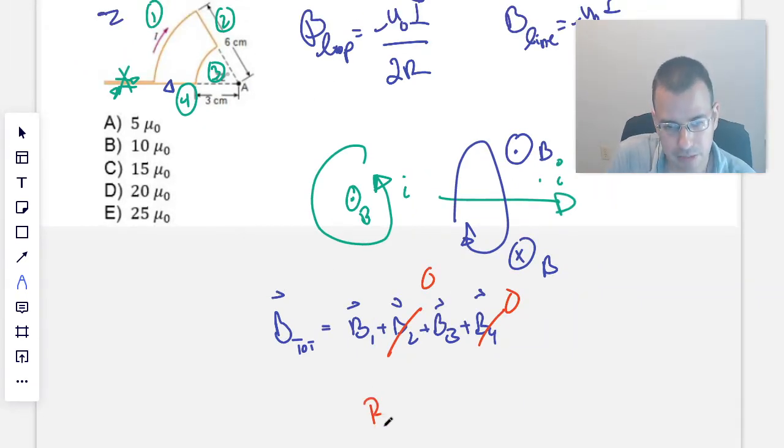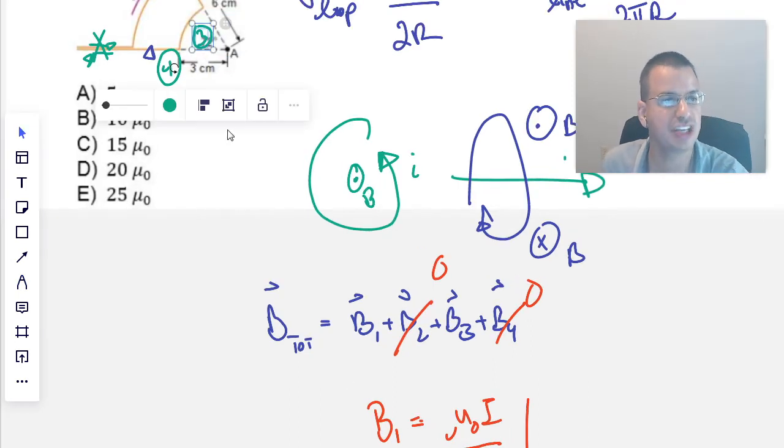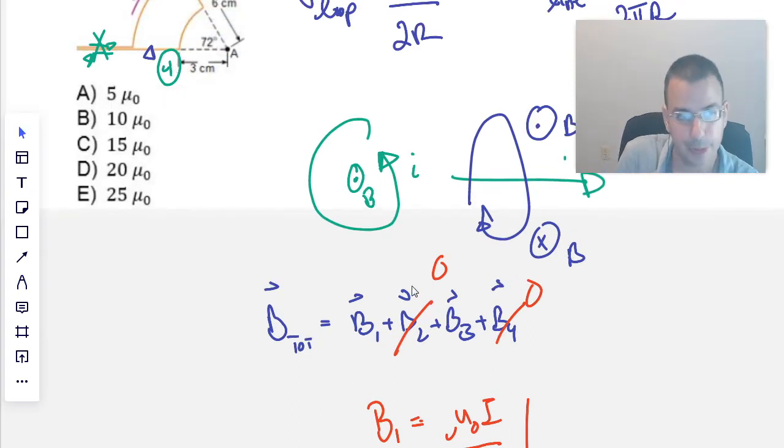So B1 is a loop. That's going to be mu naught I over 2R, where R is this radius here. In fact, I'm going to call this R1. And it's not a complete circle. It is only 72 degrees of a full circle.